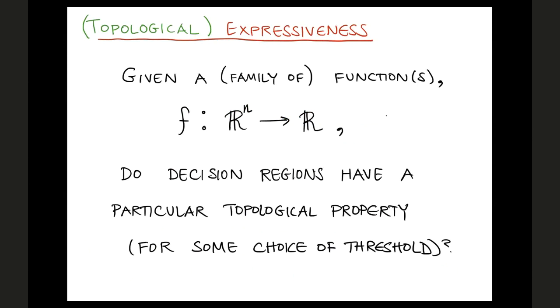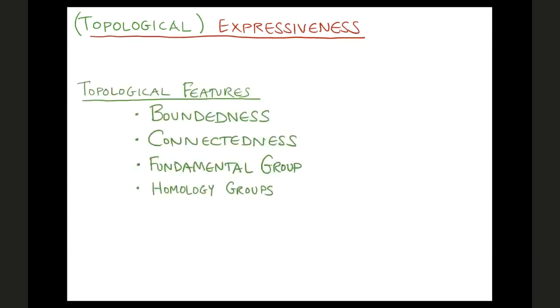can the decision regions of that family have a particular topological property that you've specified in advance for some choice of threshold? So the kinds of topological features you might be interested in, and you guys know this very well, things like boundedness, connectedness, fundamental group, homology groups, the basic kind of stuff that topologists want to know about spaces.